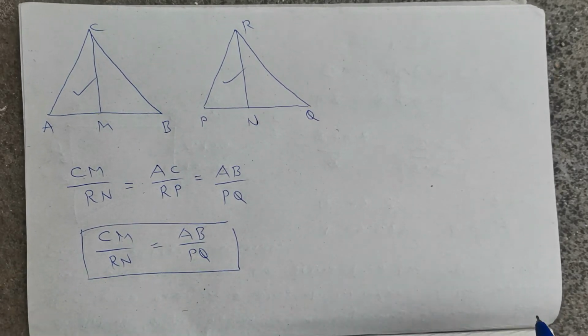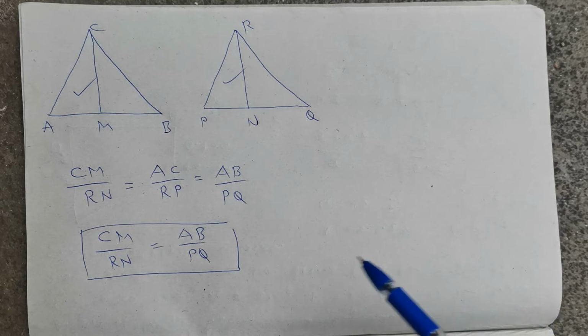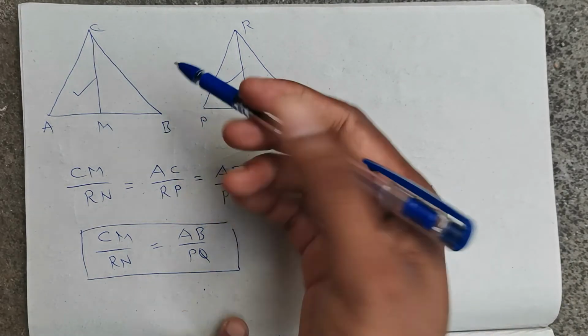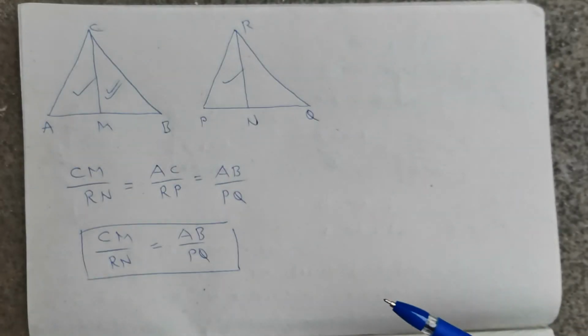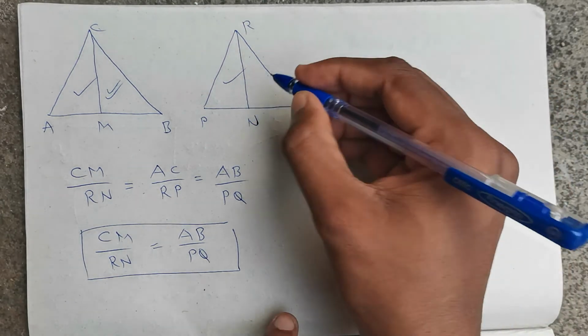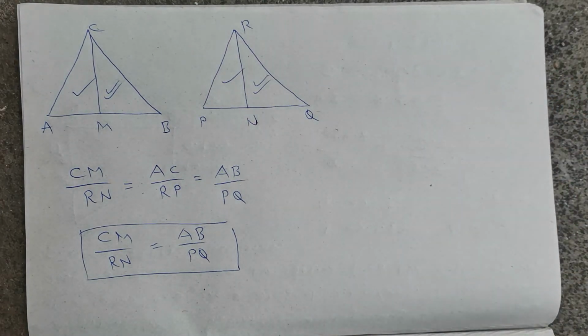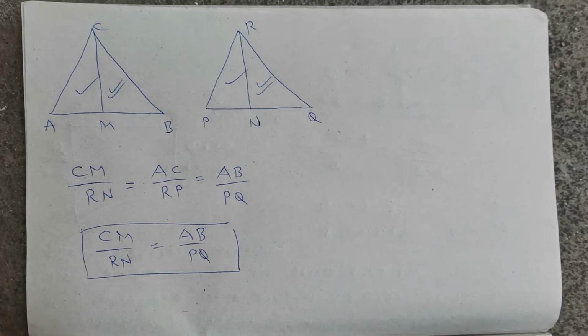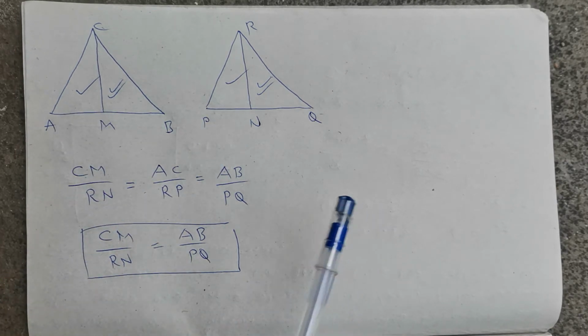Then one more question is asking, show that triangle CMB is similar to triangle RNQ. CMB triangle, this right side part of the triangle, is similar to RNQ, this right side part of the triangle. So in the first step we solved that these left side parts are similar to each other, then we showed this. Now our duty is to find that this right side part of the triangles are also similar to each other.